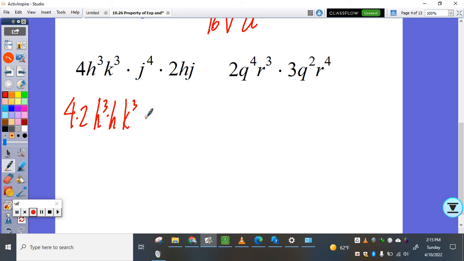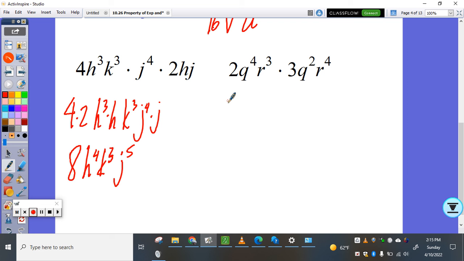And group my j's together, j to the 4th times j. So this gives me 8. 3 plus 1 is 4. There's no other k's here, so that one isn't going to change. And j to the 4th times j is j to the 5th.